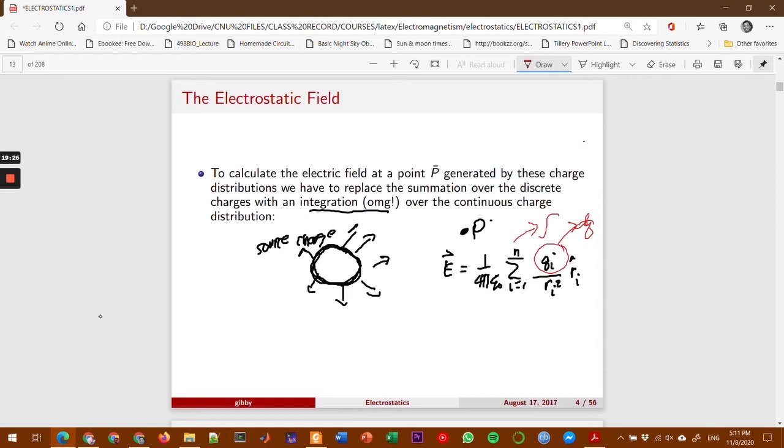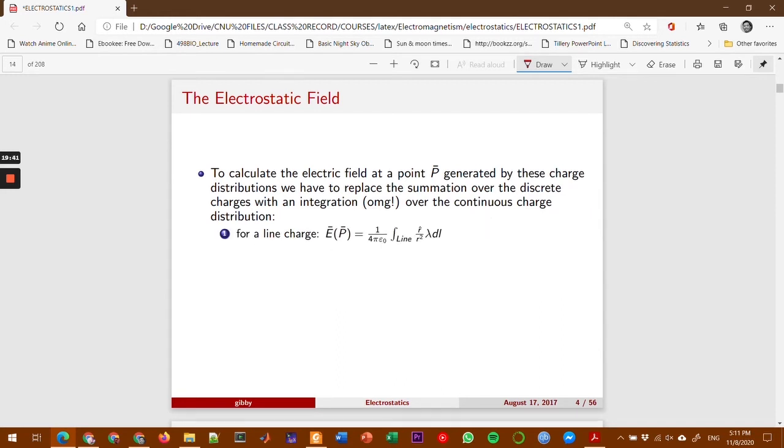So ang q mahimong dq, and then your integral, discrete man siya from 1 up to so we have the integral of dq, the sum ramang ihapon siya, but this time around it's continuous na. So for a line charge, we have this.